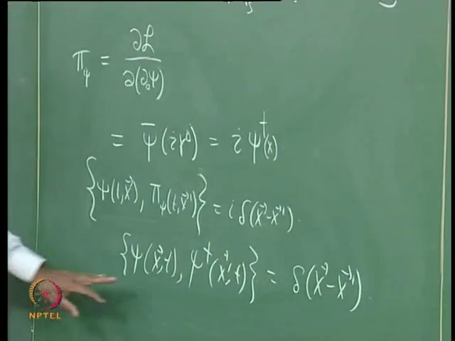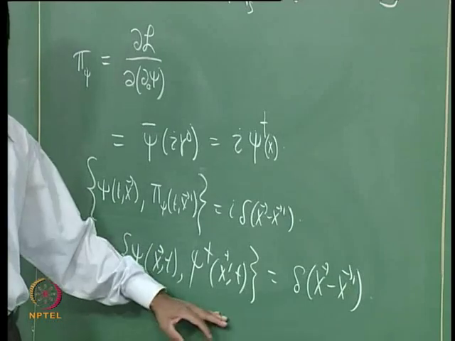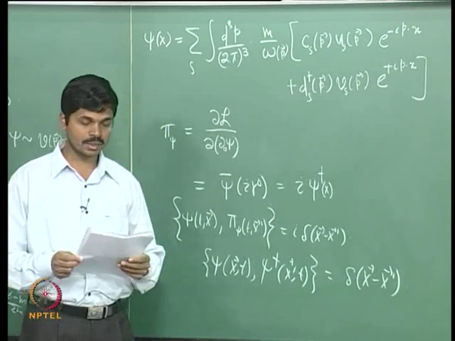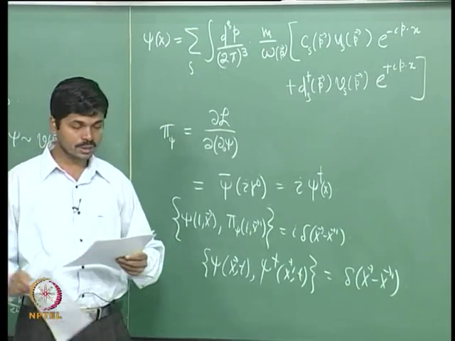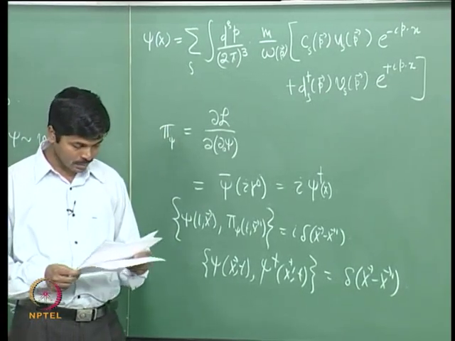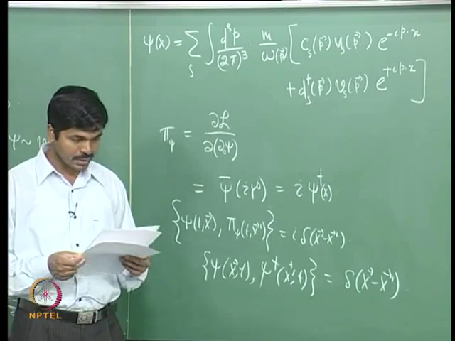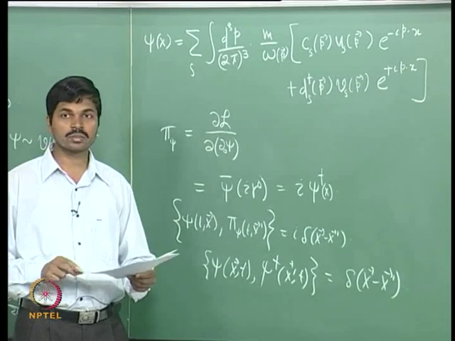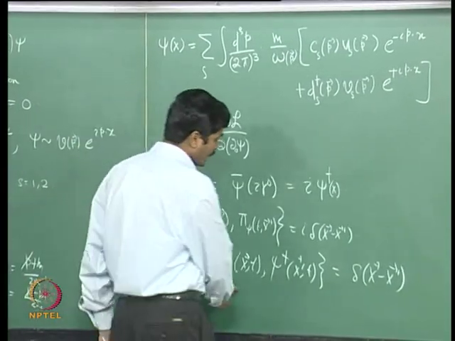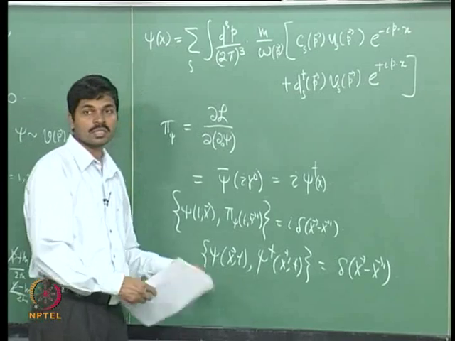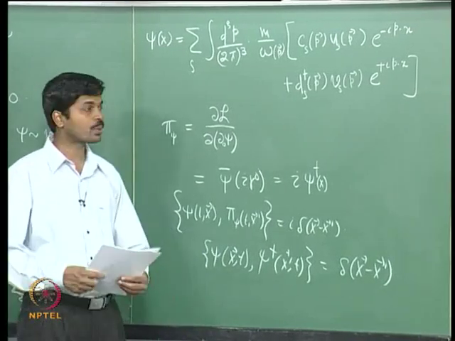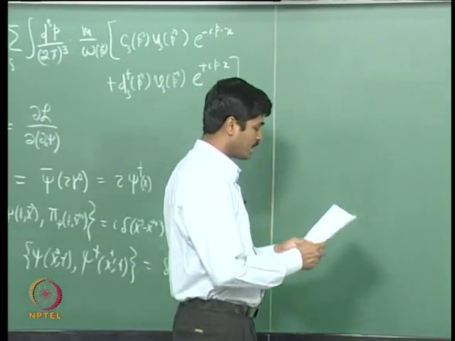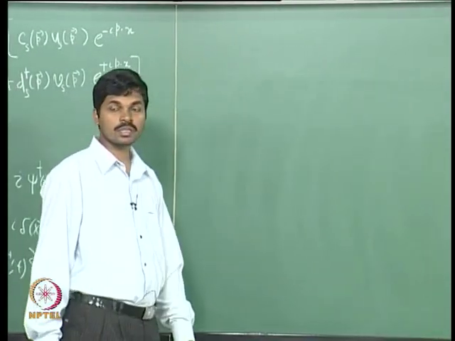We can use this to derive the corresponding anti-commutation relations for c_s(p) and d_s(p). Instead, I will give the anti-commutation relations for c_s and d_s, and then we will check that this anti-commutation relation is satisfied provided these operators c_s and d_s† satisfy the following anti-commutation relations.